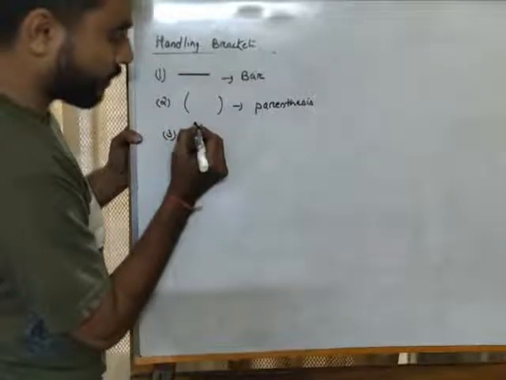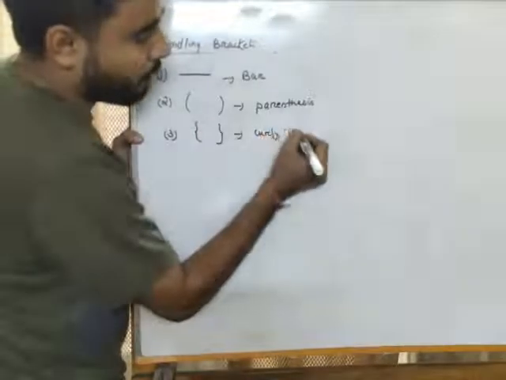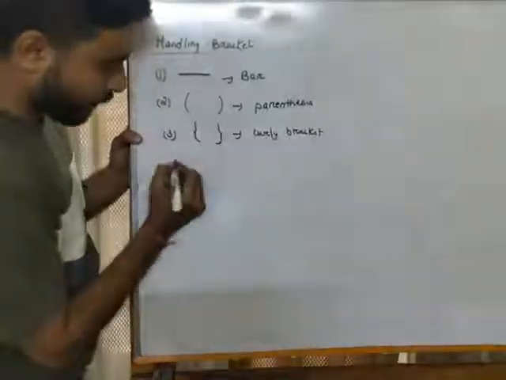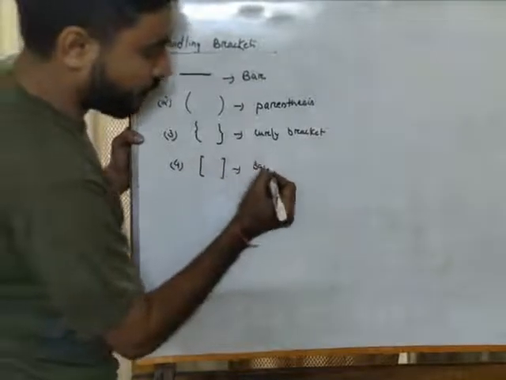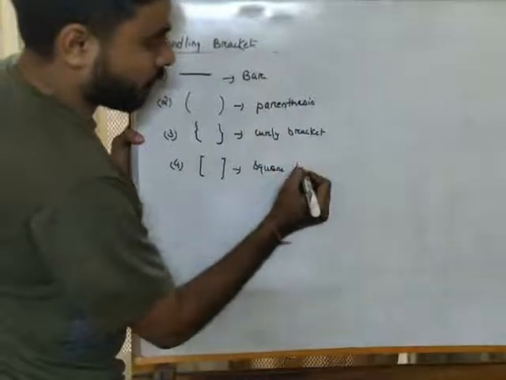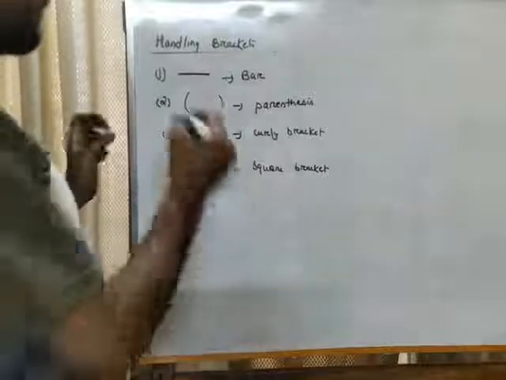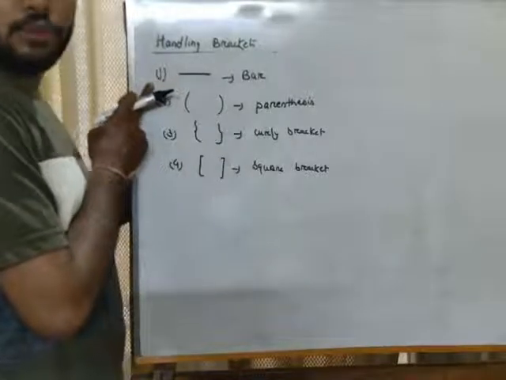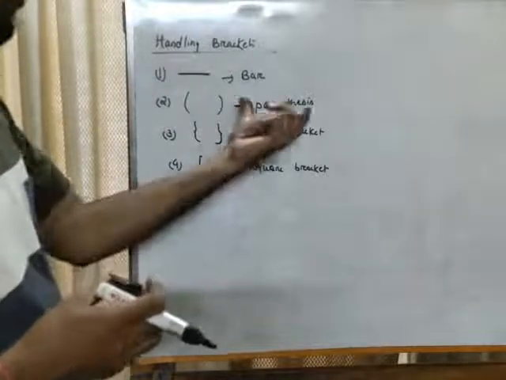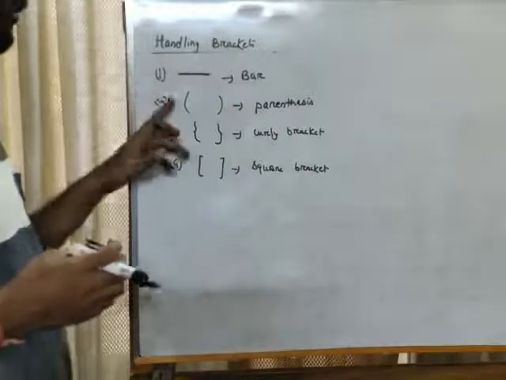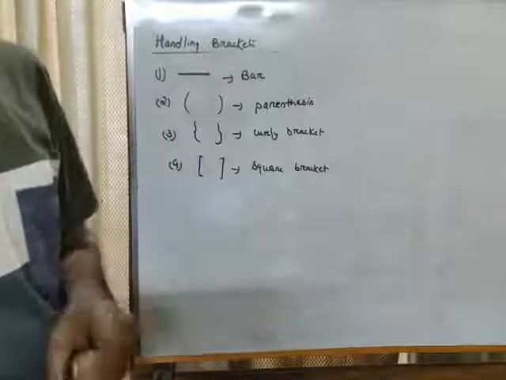Then third comes this kind of bracket which is called curly bracket, and fourth comes this bracket which is called square bracket. Clear? So first we will be doing the work of bar. If there is no bar and there is a small bracket, which is called parenthesis, then secondly we will be doing the work of parenthesis, then curly bracket, then square bracket.